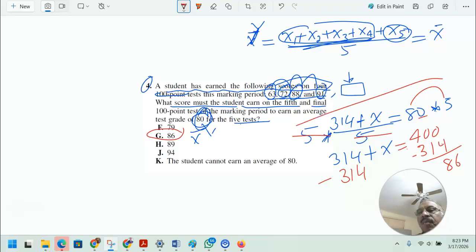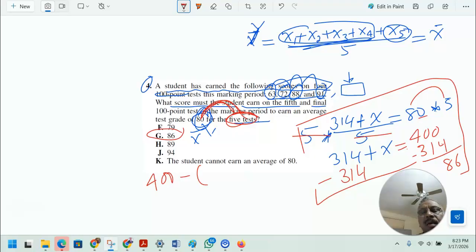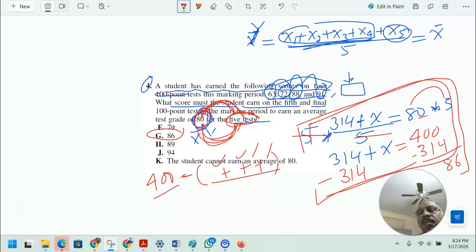So instead of working all this long, you could say the moment you have average of 5 tests, that means this itself is 8 times 5 is almost 400 directly. Okay, and then you subtract all the 4 numbers. You could do this quickly this way also, because 5 tests average is 80, means 8 times 5 is total score has to be 400. 8 times 5 is 400, and you just do this way also, even avoiding all these variables.